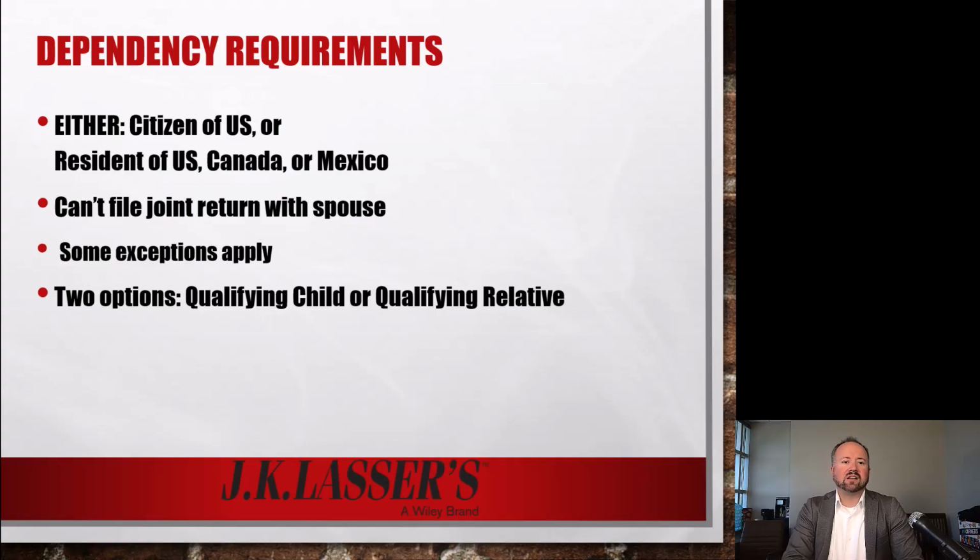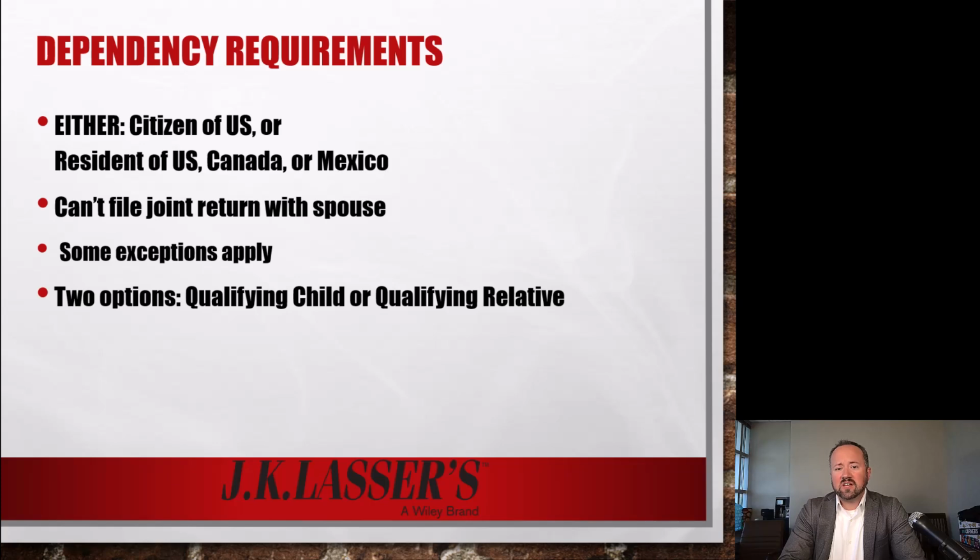When we're trying to figure out dependents, we need to determine who qualifies as a taxpayer's dependent. Again, we're going to skip a couple of boxes to go down to dependents before we can really answer filing status. Dependents have significant impact on tax returns because they impact things like the child tax credit or the American Opportunity Tax Credit, or what do I pick up for my medical expenses if we're doing itemized medical expenses, and from whom.